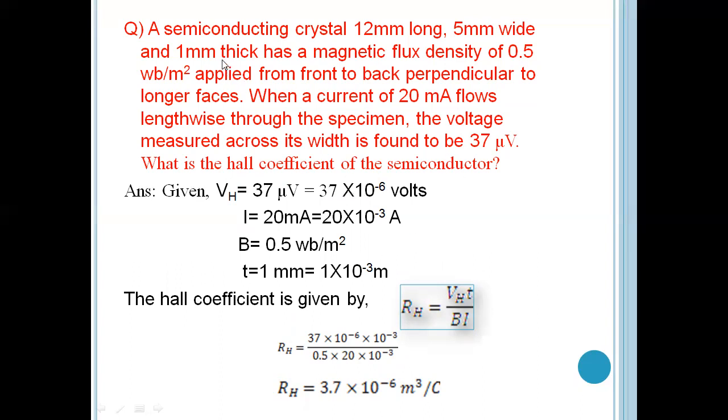Thickness t is given as 1 mm, so 1 into 10 power minus 3 meters. Current is 20 milliamps, so 20 into 10 power minus 3 amperes. And the magnetic field is 0.5 Weber per meter square. Now substituting them together in this formula, you'll get the value 3.7 into 10 power minus 6 meter cube per coulomb.